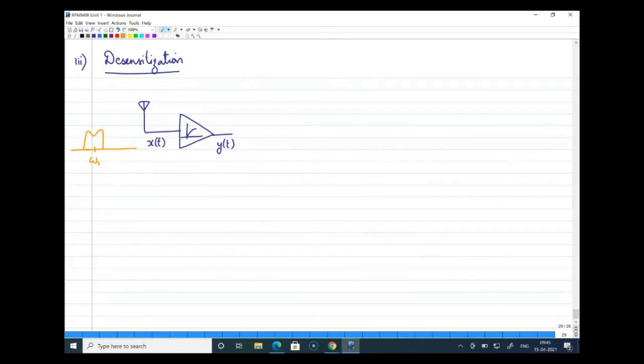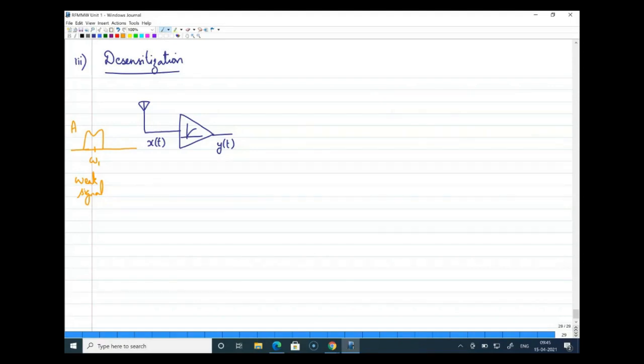Say it has an amplitude of A, and say this signal is sent by a transmitter, but when it reaches the receiver, it has become a very weak signal. Possibilities are there, right? I am assuming that this is a weak signal. The reason can be that the transmitter was quite far, or due to some other reason the signal amplitude is very small.